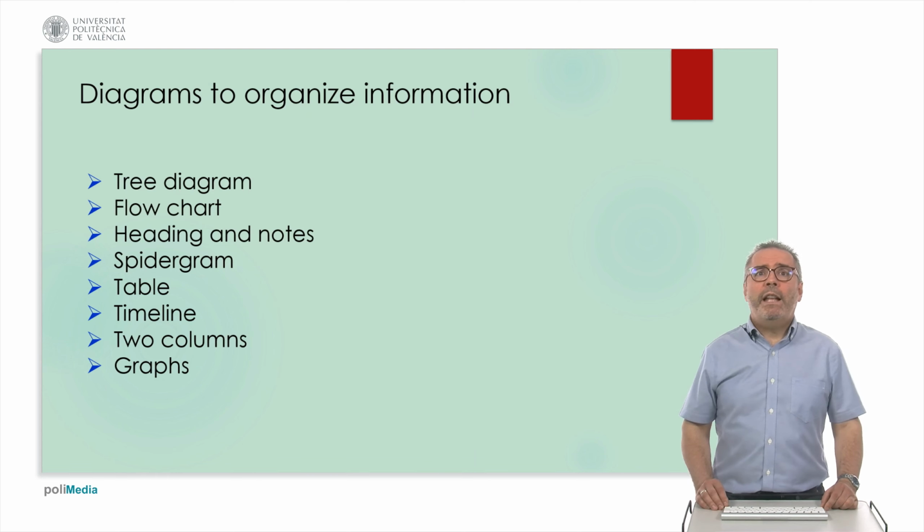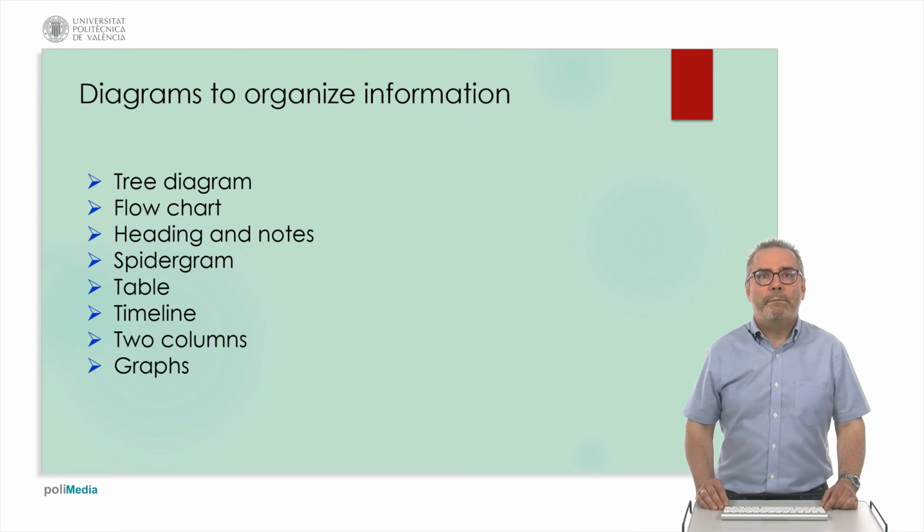Here are, on the other hand, some types of diagrams that can help you to visualize this information. The diagrams: flowcharts, headings and notes, tree diagrams, tables, timelines, columns and graphs. Headings and notes are what we call linear notes, and the rest are diagrams, in other words, what we call pattern notes.